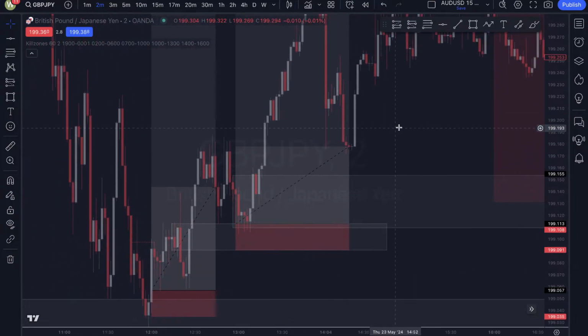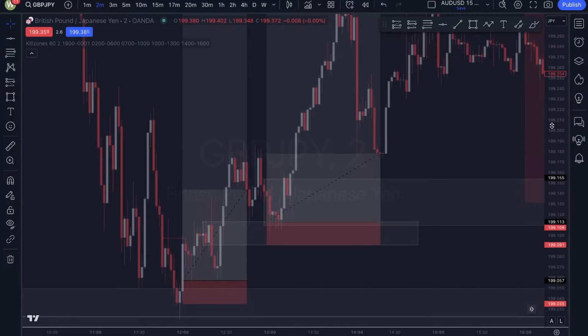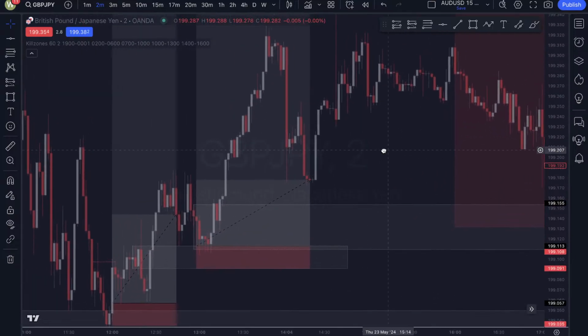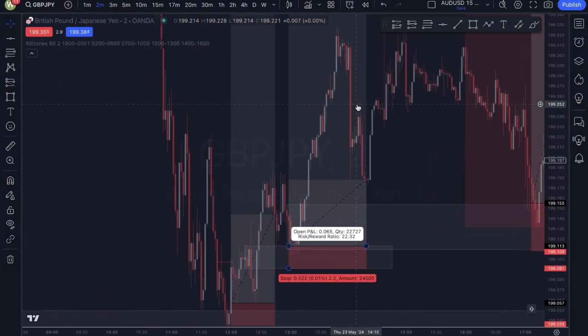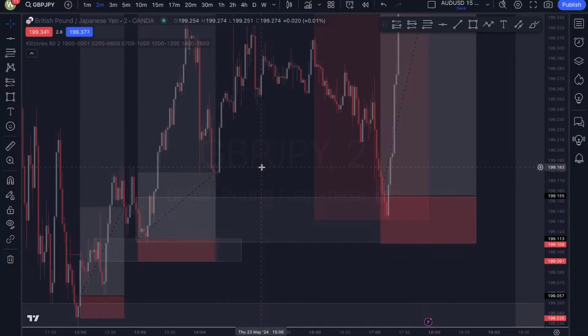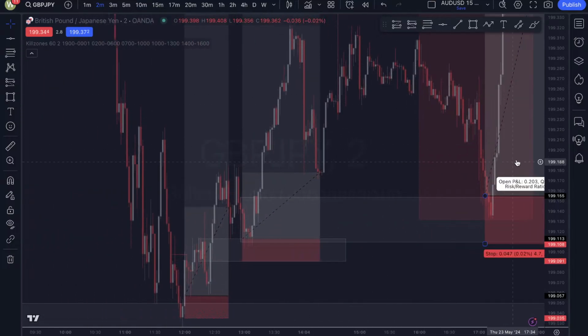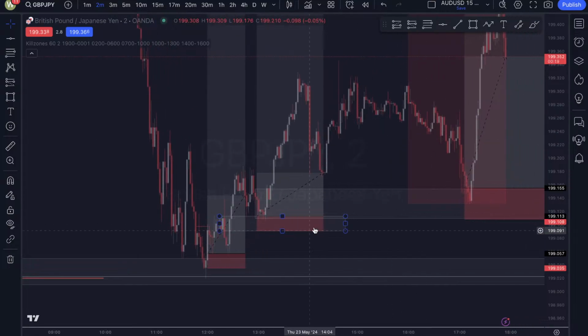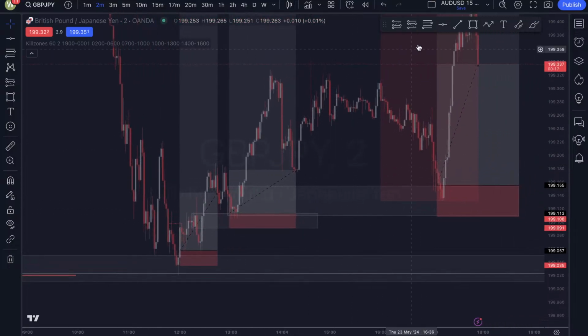Once we keep breaking structure, we're just looking for the next points of supply. Here you can see that price had a big break and close above, changing that overall structure still to the upside. We retrace back down, and we want to find our last point of supply.